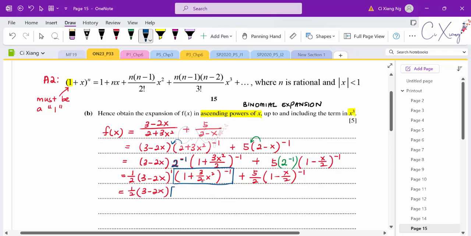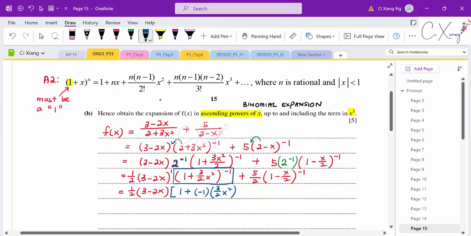So if I try to expand it, first term is a 1, so you copy as a 1. Second term is nx, so n times x means that you're having negative 1 multiplied with 3 over 2x squared. n is negative 1, x is 3 over 2x squared.